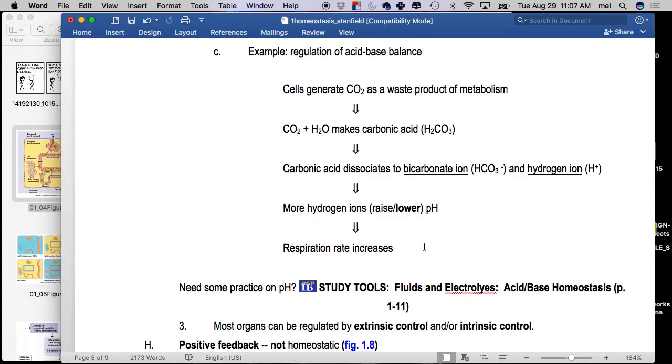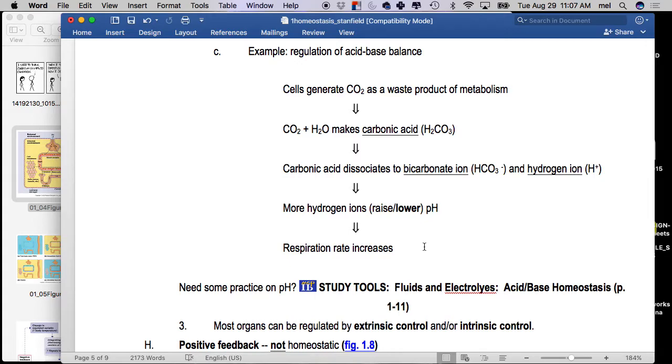It will blow off carbon dioxide, right? Which will drop your H+ level, which will raise your pH. Does that make sense? Okay, so you didn't have to call on another body system. You naturally have these chemoreceptors in your cardiovascular and your respiratory system, and this one's respiratory. And as soon as you detect an increase in carbon dioxide or a decrease in pH, you will increase your respiration rate. Is that good?